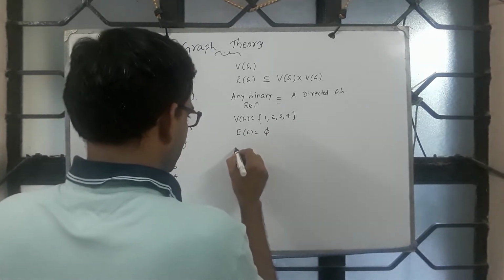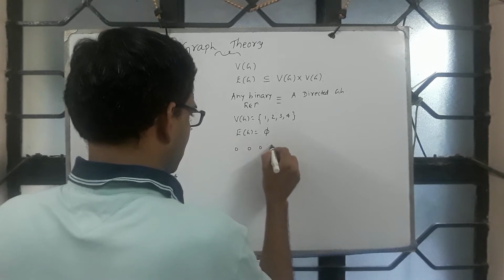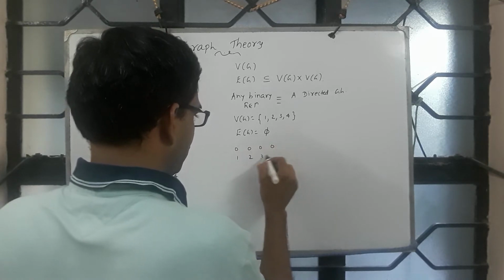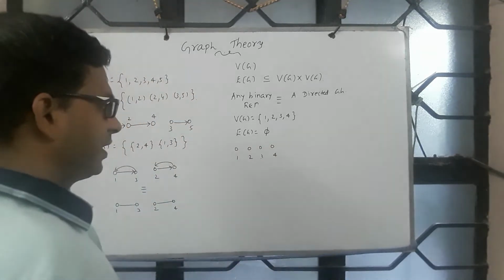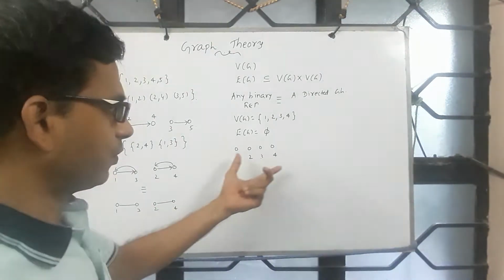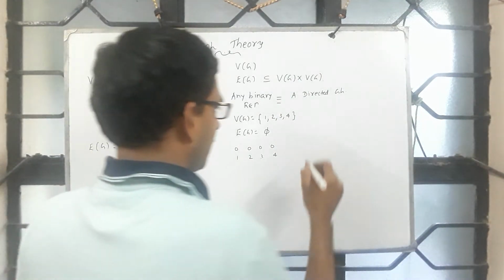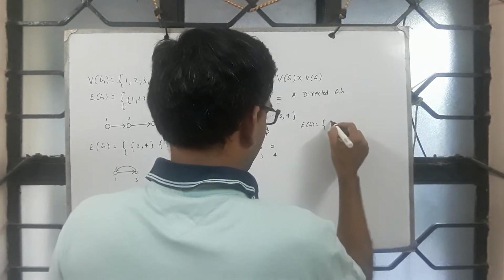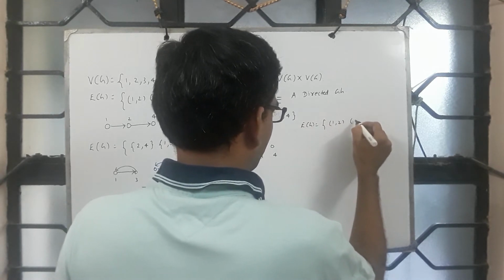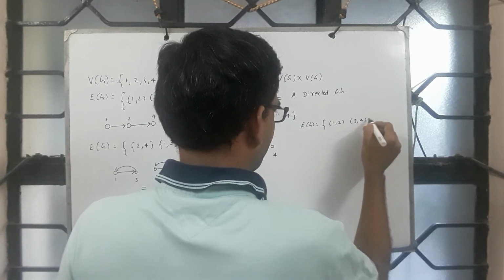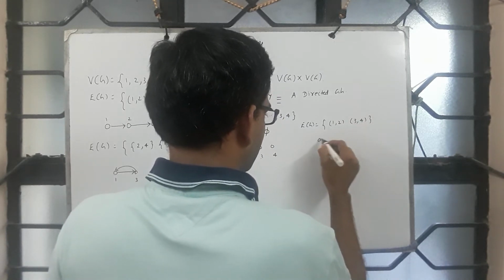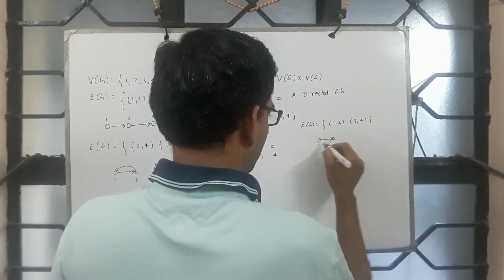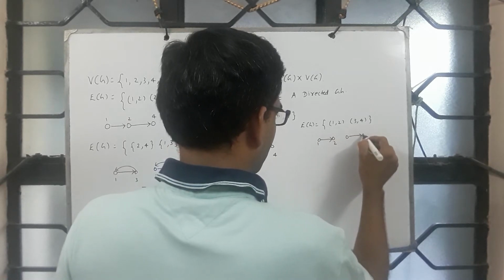If that's the case, then the underlying graph is the empty graph, or null graph, where there are no edges. And E of G could be something like what we have seen now. It could be 1, 2 and say 3, 4. If that's the case, then the graph is 1, 2 and 3, 4.